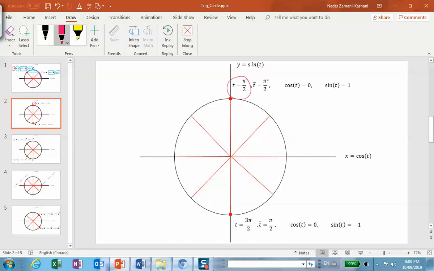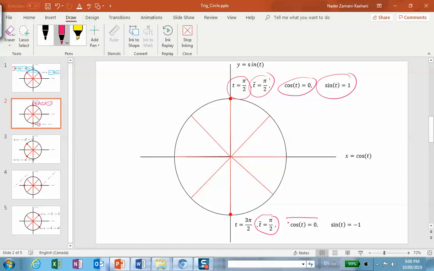Obviously, cosine, which is the x, is 0, and sine, which is the height, is 1. And when you compare this with 3 pi over 2 down here, the reference number for 3 pi over 2 is the same as pi over 2. Therefore, just look at the drawing here. The cosine is the x value, which is 0, same as that.